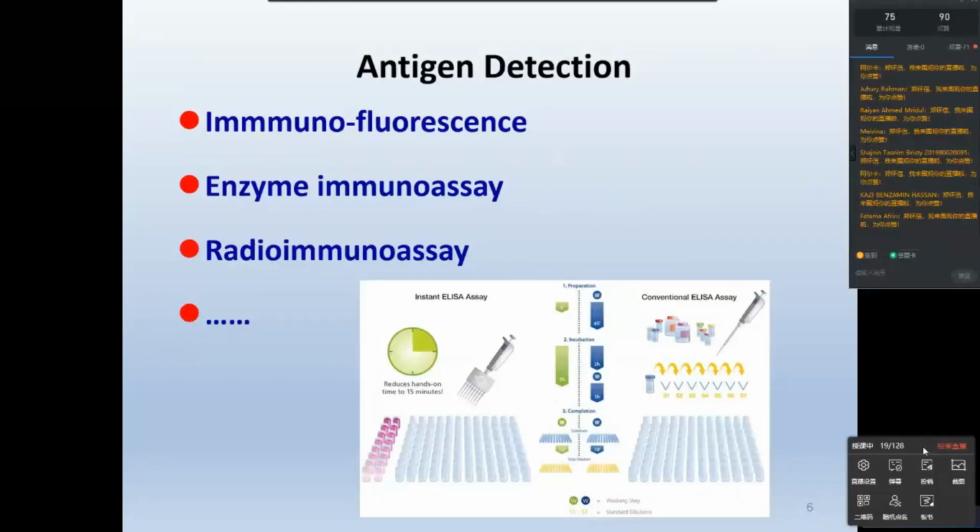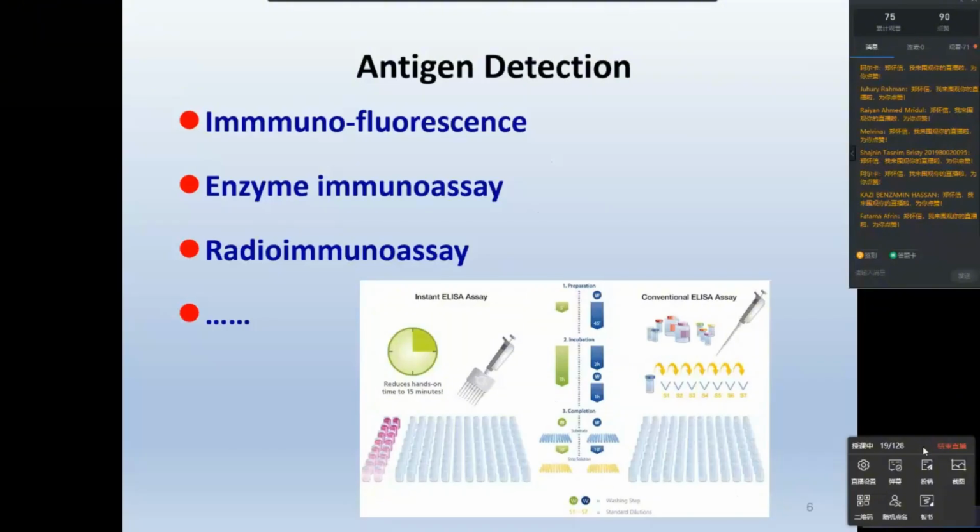And after binding to the antigen, you can detect the radiation signal. So this is an old way and classical way. But now, because radiation usually it's not safe to technicians, we are trying to avoid any radioimmunoassay. But enzyme immunoassay and immunofluorescence are very popular now.